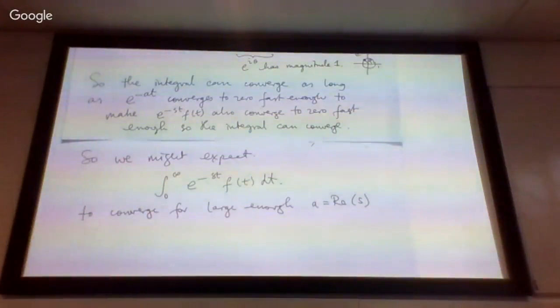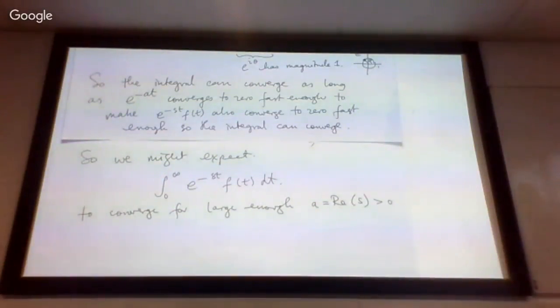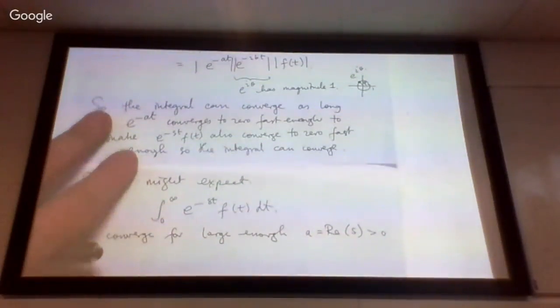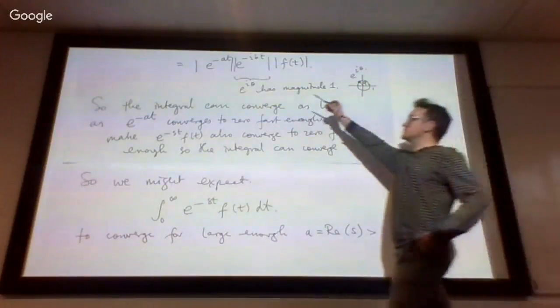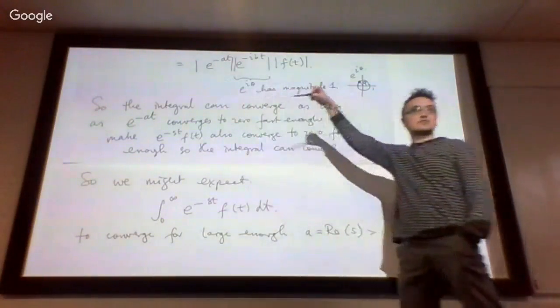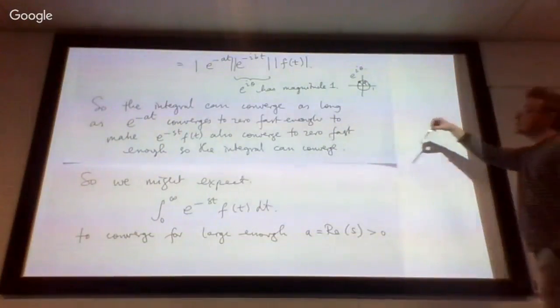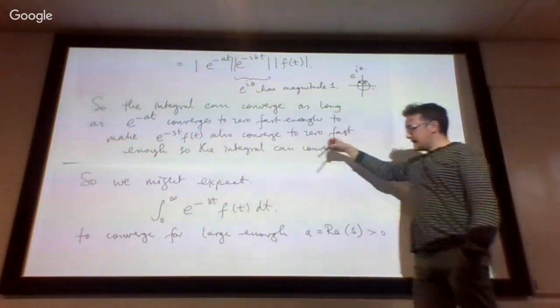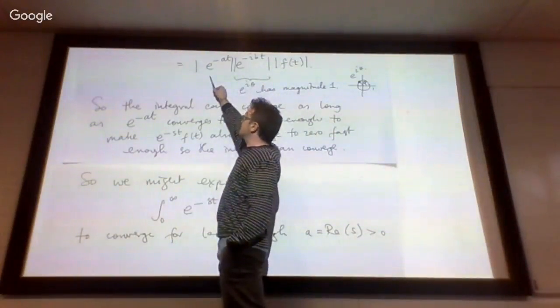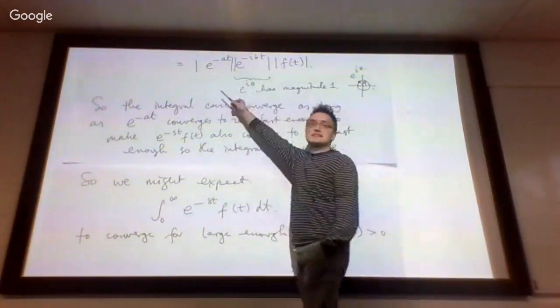Okay. So as long as the real part of s is positive and large enough, that will mean that the factor e to the minus at is converging to 0 as t goes to infinity, because it's e to the minus something positive that's getting larger, so it'll converge to 0. And as long as a is big enough, we might expect the convergence of this factor to 0 to drag the whole thing down to 0.